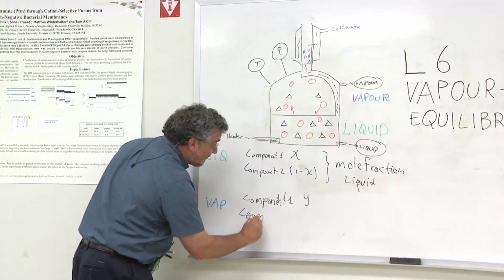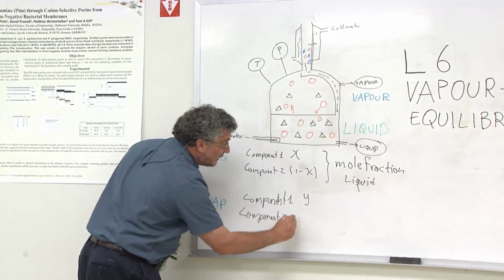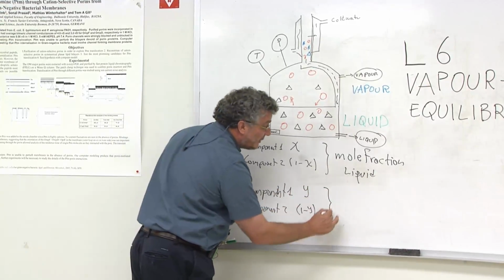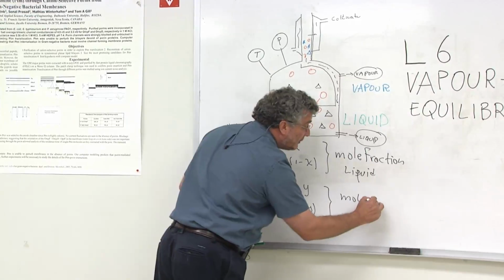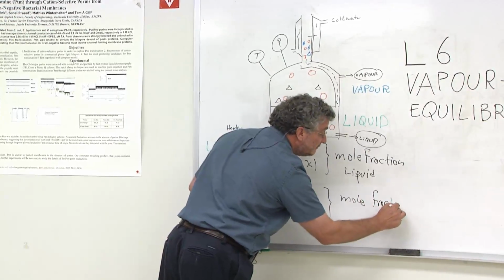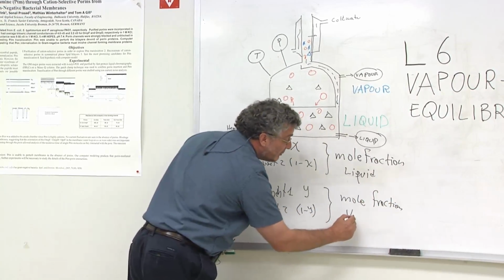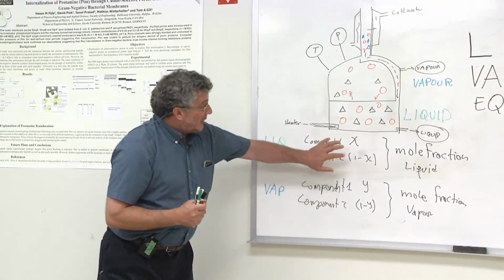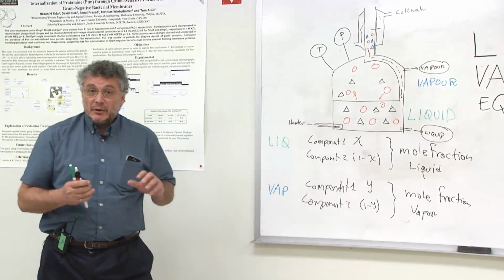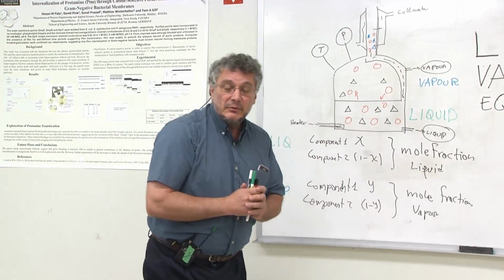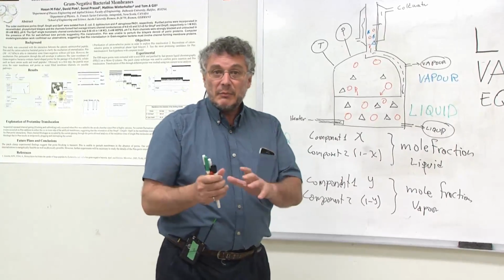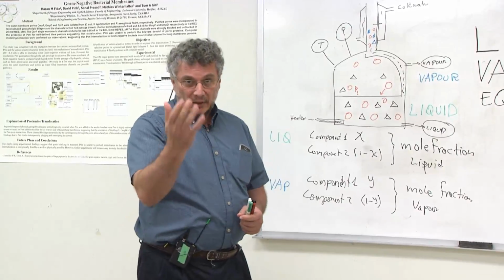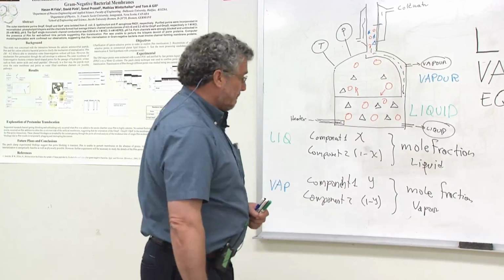And component 2 then will be 1 minus Y, because this is a binary system. Remember, we're talking about mole fractions, in this case for the vapor. Now, once we can determine these fractions, we're going to put them into the fundamental thermodynamic expression for equilibrium that you guys are familiar with from chemical thermodynamics and separations.